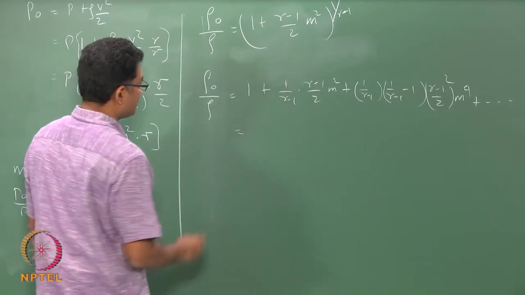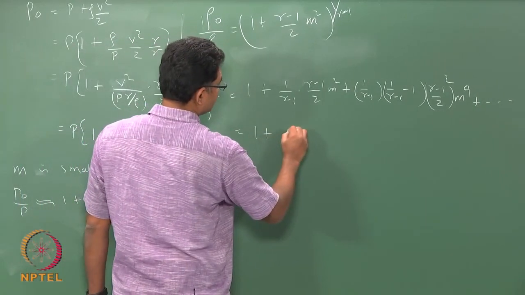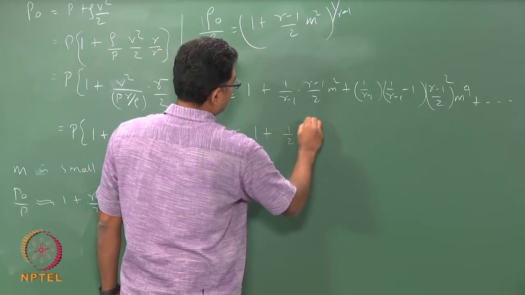Again, if I take only the first two terms, this is 1 plus 1 by 2 M square.